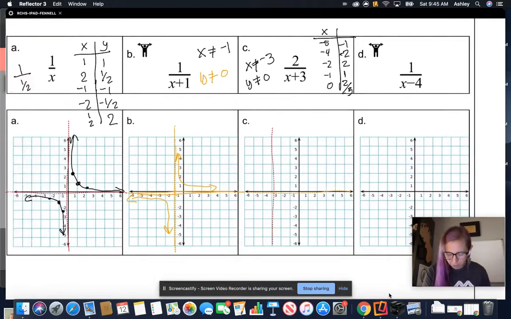All right, let's plot these points and see what we get. So at -5, I go down to -1. And then at -4, I'm down to -2. Okay. And then at -2, I'm going up to 2. And -1 is 1. And 0 is 2/3. All right, so it's a little bit hard to tell when we're hand graphing, but hopefully what you're getting a sense for here is that this is pushing away from the intersection of our two asymptotes.